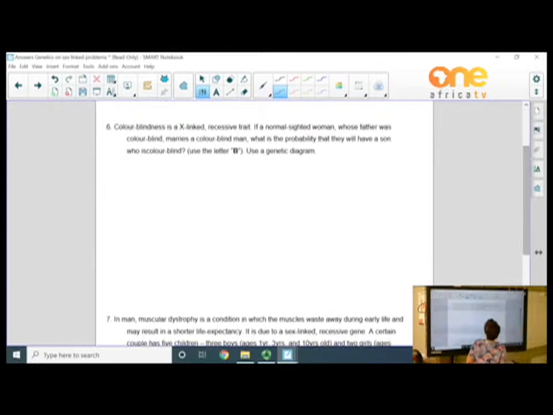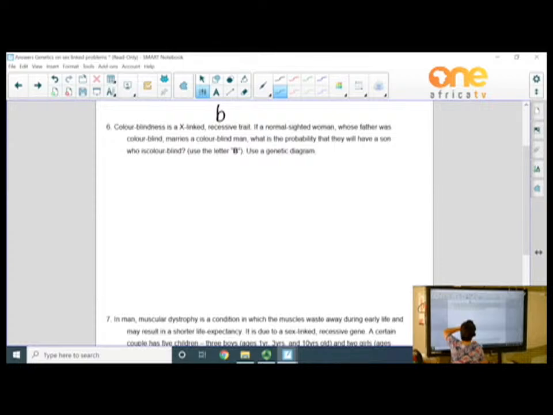Okay. Color blindness is an X-linked recessive trait. If a normal-sighted woman whose father was colorblind marries a colorblind man, what is the probability that they will have a son who is colorblind? Use the letter B. So, colorblind is a recessive trait, so we will have a small b, right?